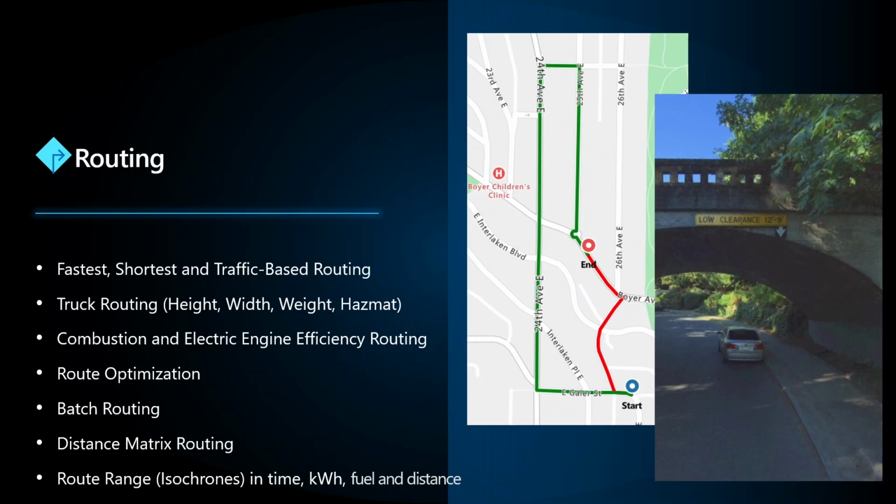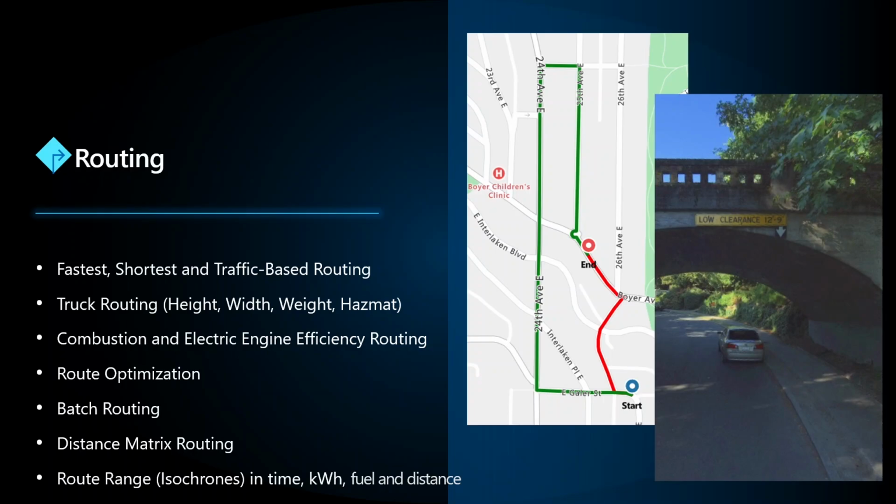For truck routing, you have additional parameters to say how big the truck is, maybe what type of goods you have in your truck, so that if you have some flammable objects, we can say maybe that's not allowed on certain roads, or maybe the truck is too heavy, etc. Those are things that are available in our truck routing API.